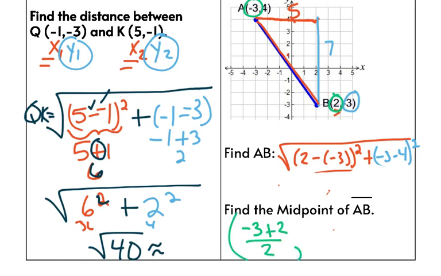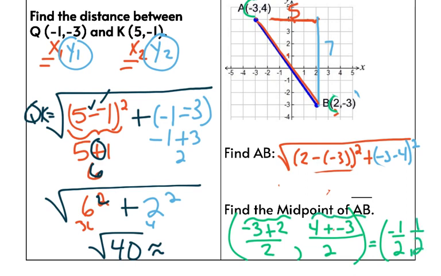It's a point, so I'm putting it in parentheses like that. And then I'd grab my y's, which would be a 4 plus a negative 3, my 2 second coordinates, and I'd average. When I do that, this gives me a negative 1, so I'd have a negative 1/2. This gives me a positive 1, so I have a positive 1/2.